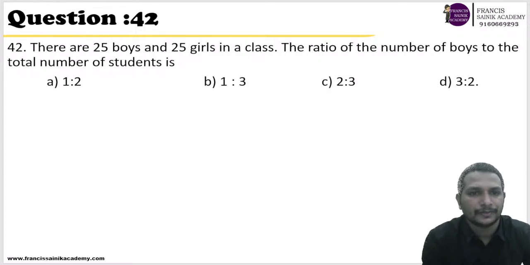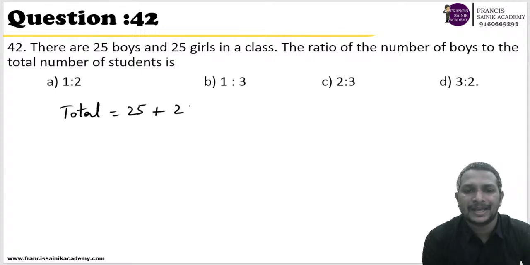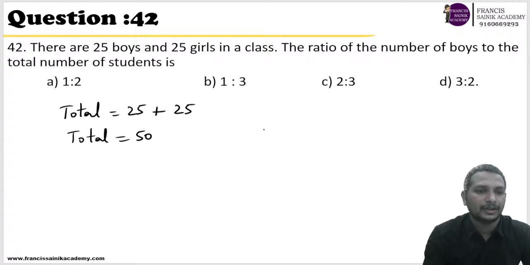Next question. There are 25 boys and 25 girls in a class. They're asking to find the ratio of number of boys to total students. First find total students, which is nothing but number of boys plus number of girls. Total students are 50.